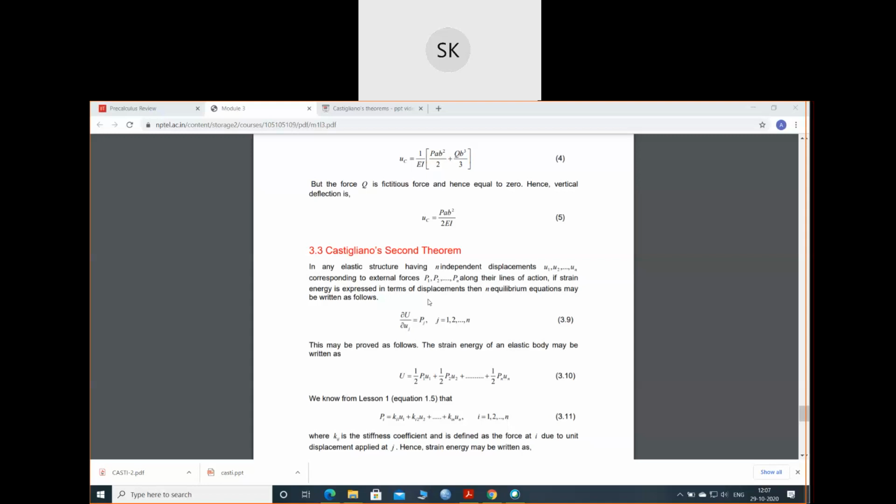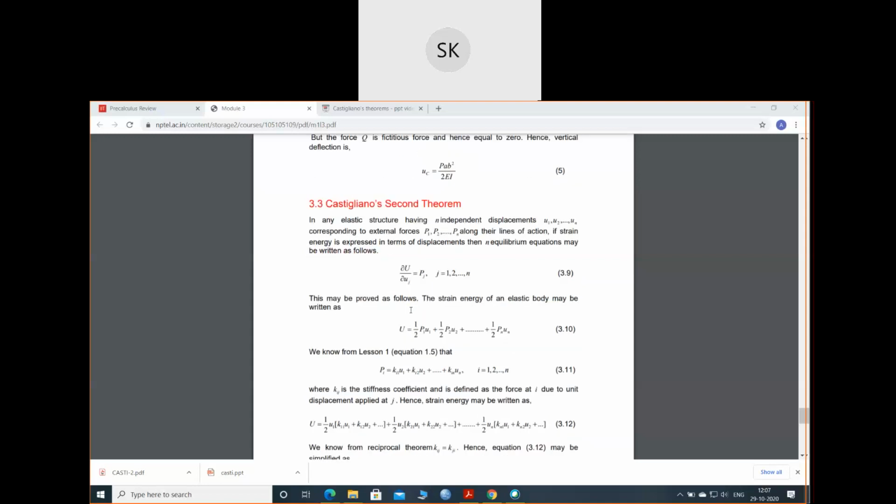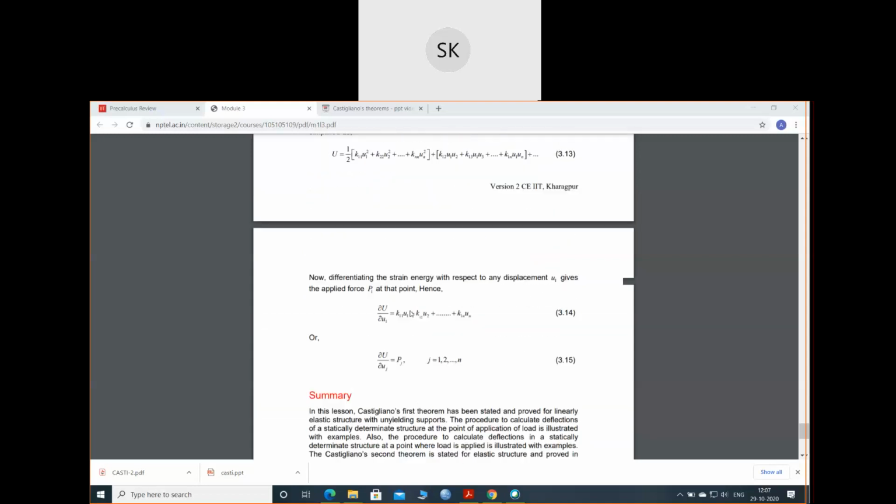So you can express your strain energy in terms of displacement also. Earlier you expressed the strain energy in terms of load, right? It was dU by dP equals deflection. Now, as per the second theorem, you can express your strain energy in terms of displacement also.